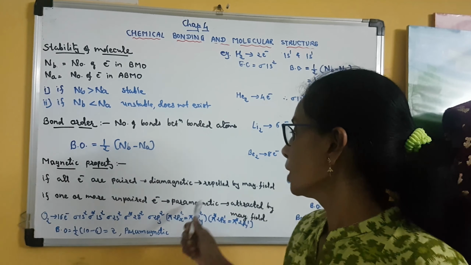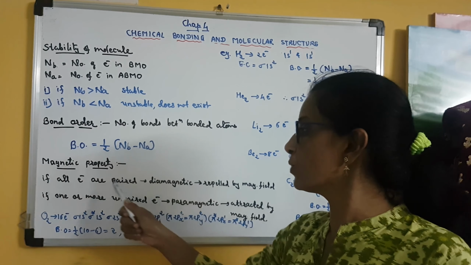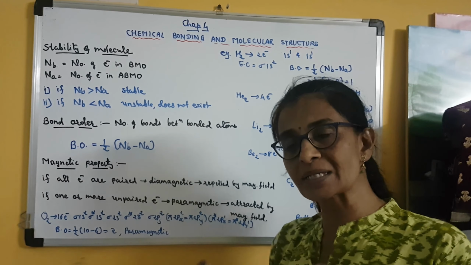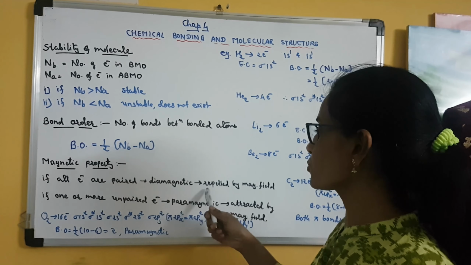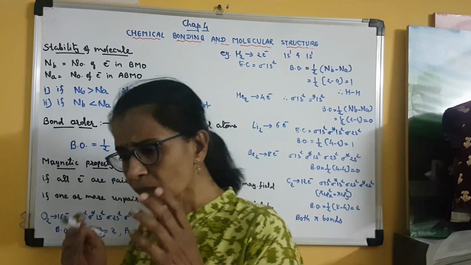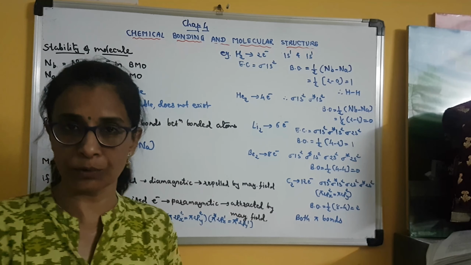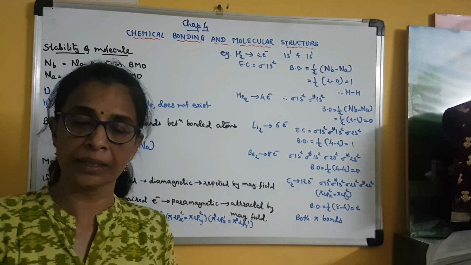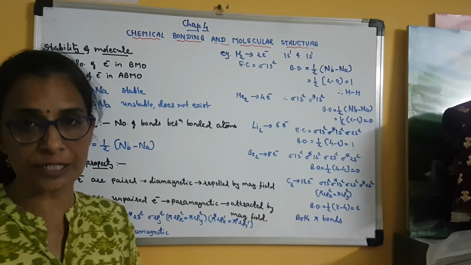Clear? So diamagnetism is observed only when all the electrons present in the molecule are paired. Clear? Such substances are repelled by a magnetic field. But if one or more unpaired electrons are present in the molecule, atom or ion, then that substance will show paramagnetism.